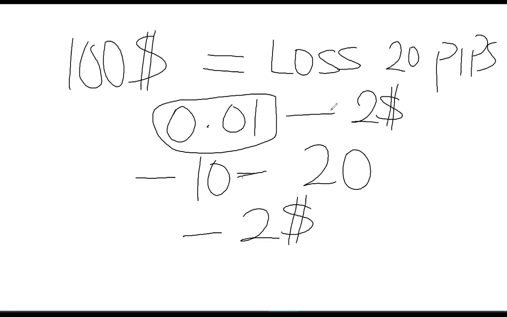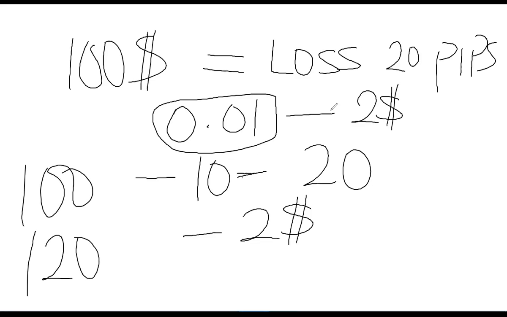Okay, Camilos, I don't know your level of trading, but if the market hits your take profit, your account is supposed to increase from $100 to maybe $120. But if it hits your stop loss, your account is going to reduce from $100 to $80.